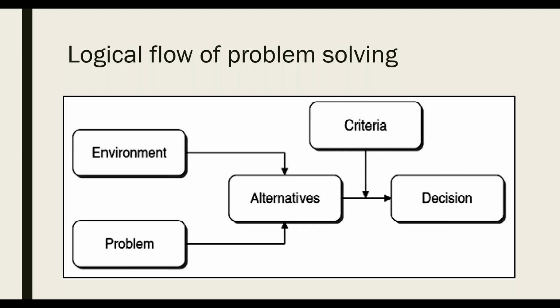We can call them filters: the set of alternatives which we have, out of which we are making decisions. These alternatives have a direct impact from the environment and the problem. In a real-world environment, your entire system has to work with the real world. The impact has to come from there, and the problem in that environment, and then a certain set of alternatives.